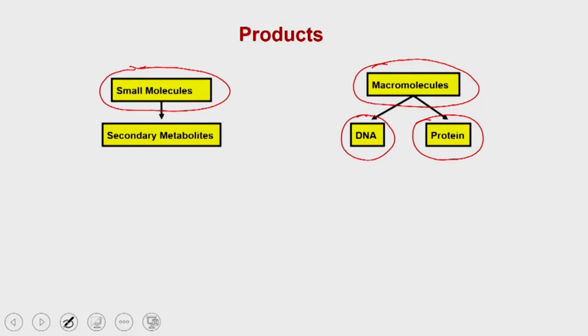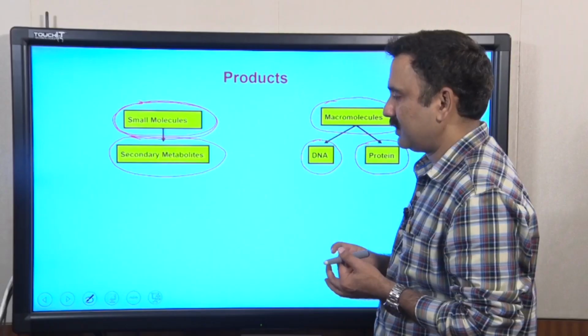As far as the small molecules are concerned, you may be producing secondary metabolites, or you may be asking the host cells to modulate their metabolism in such a way that the host cell starts producing some of the metabolites in higher concentrations.